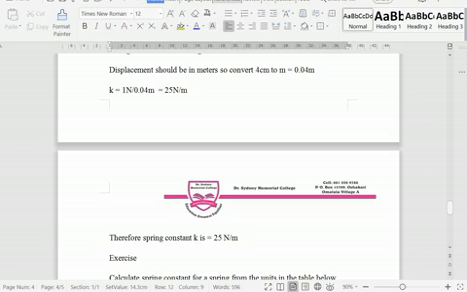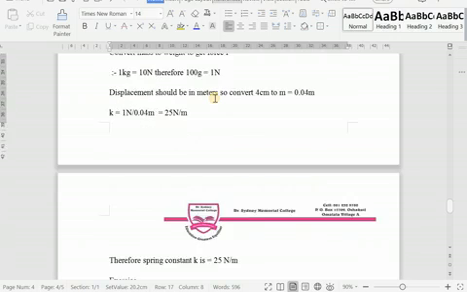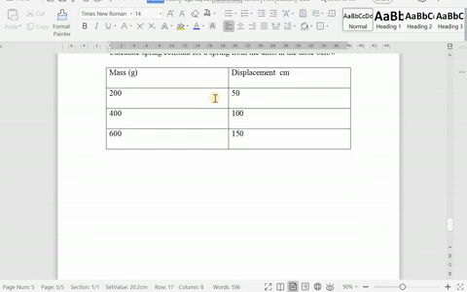So your K, because here you have already done what we call making K the subject of the formula, because you want to find K, it means that you have to divide both sides by x so that the K can then remain on its own. So K is equal to F, that's the force, divided by x, which is the displacement. Okay, right.